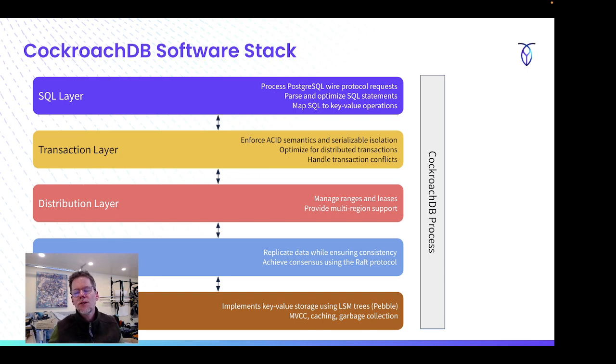All of our requests are in the PG wire protocol, which is not to be confused with strict Postgres SQL compatibility. It's more really how the communication is with the server, and what it means for the end user is that you can use virtually all PostgreSQL clients and drivers and ORMs to interact with CockroachDB.